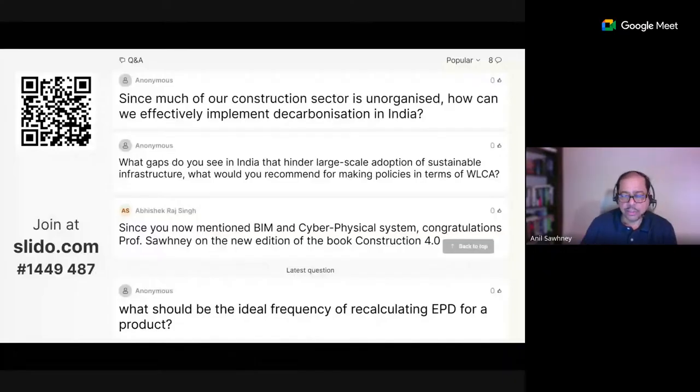So as sustainability practices take hold, it's in the manufacturer's best interest to provide the best, most accurate, most reliable, up-to-date EPDs. If you have a low carbon product, it makes sense for you to get an EPD so that you can demonstrate that it is a lower carbon emission product that you're trying to market, and provide that information to the designers so that it can be adopted on various projects.